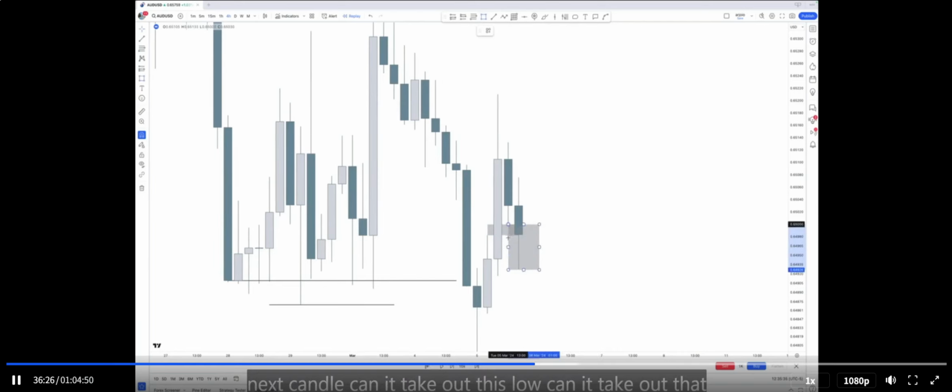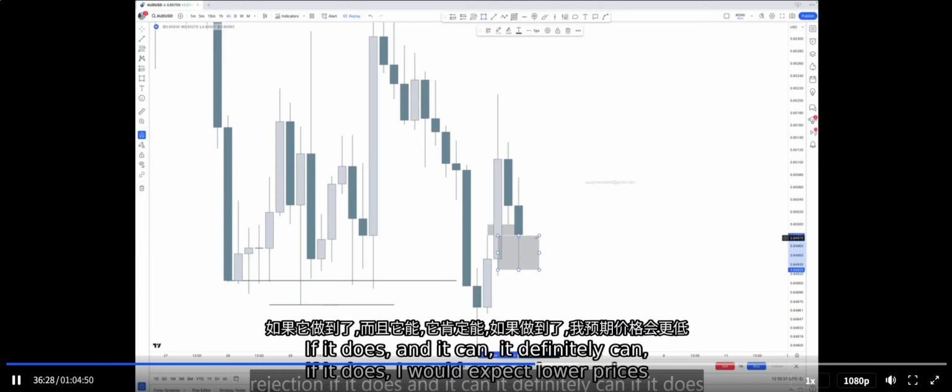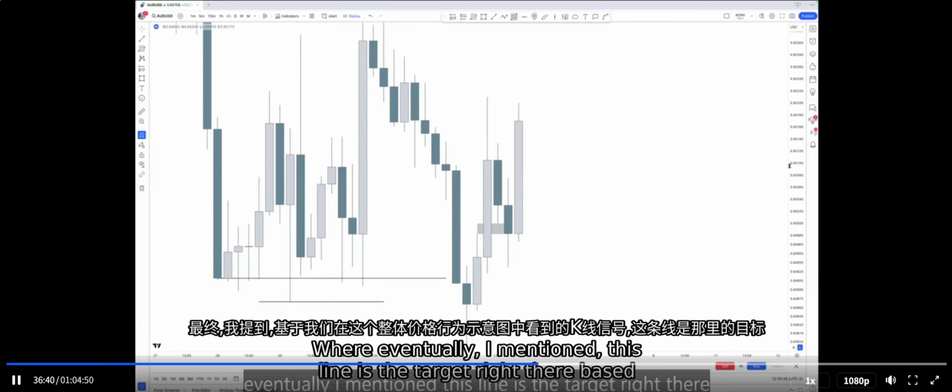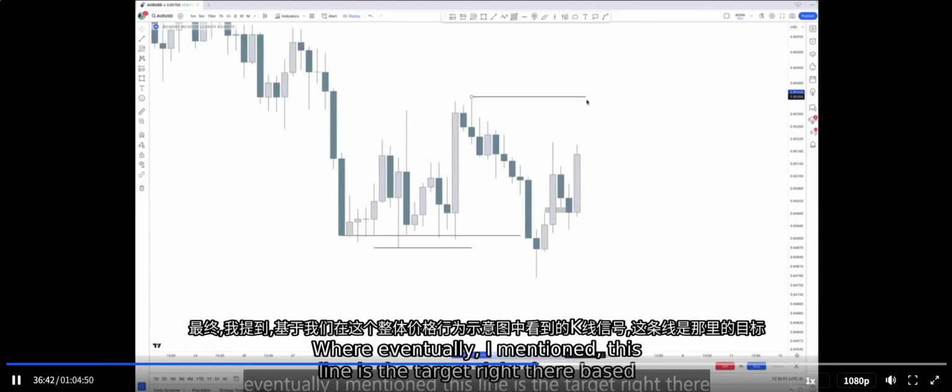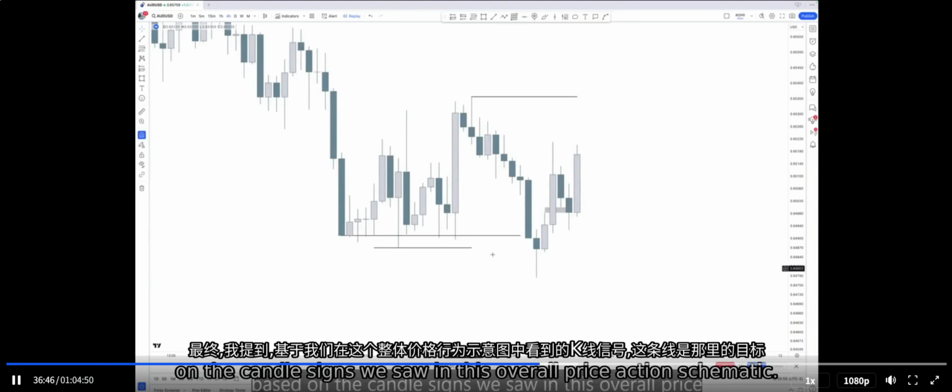So the next candle, can it take out this low? Can it take out that rejection? If it does, and it can, it definitely can, I would expect lower prices right there. If it does not, then we are definitely going to continue higher right here, where eventually, I mentioned, this line is the target right there based on the candle signs we saw in this overall price action schematic.